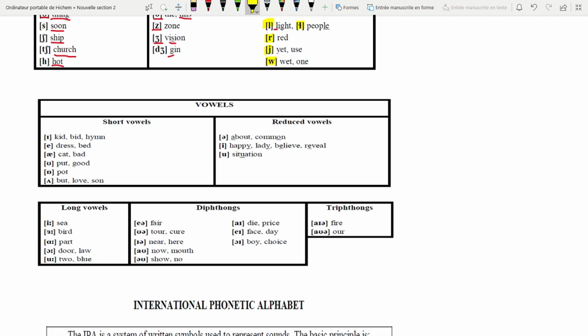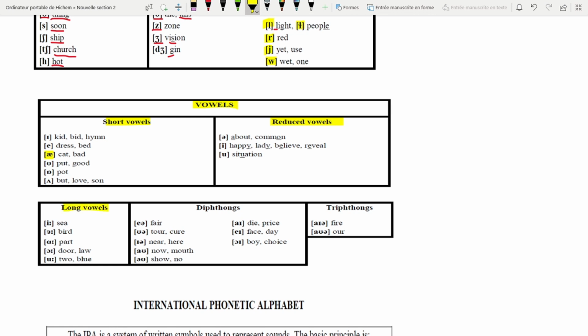All you have to do is go through some exercises and you will remember them randomly. But some vowels are preferable to be learnt by heart, such as a in cat, which we are going to see later on. When it comes to vowels, we have short vowels and we have reduced vowels if you want.